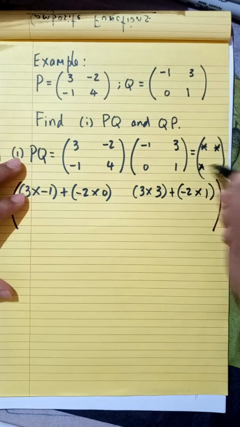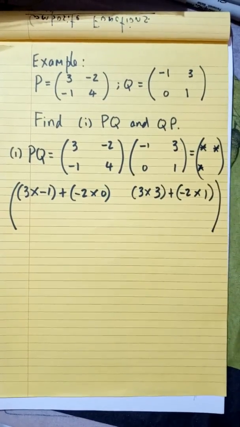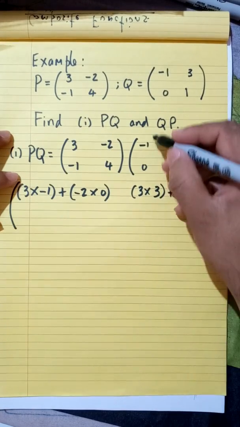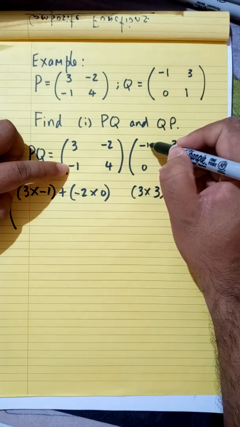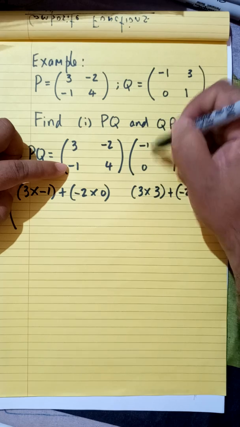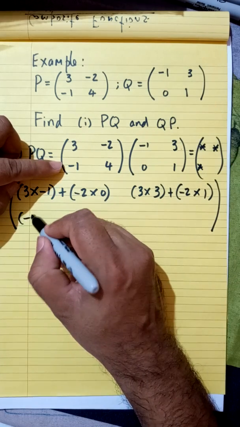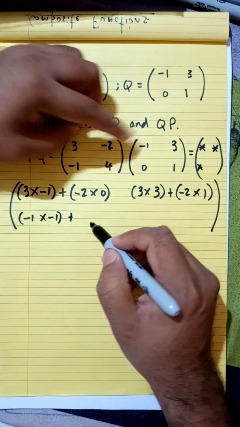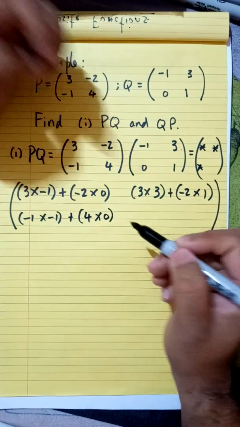To get this one now, we're not going to use the first row. We're going to use the second row with the first column. So it's going to be -1 times -1. Notice that I always start at the top here going down. So it's going to be -1 multiplied by -1 plus 4 times 0.